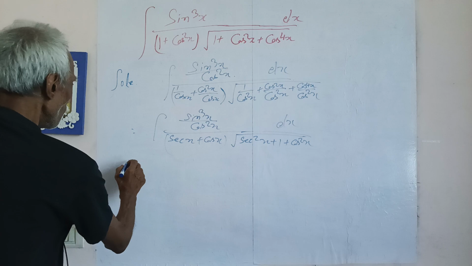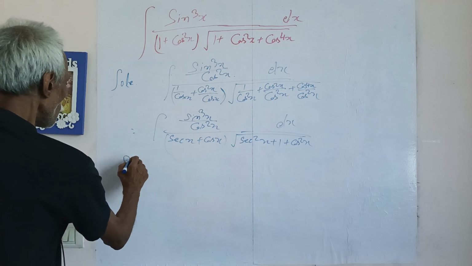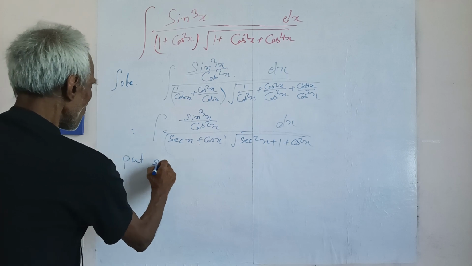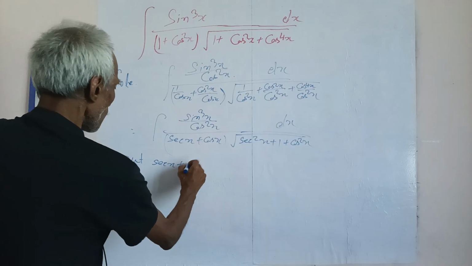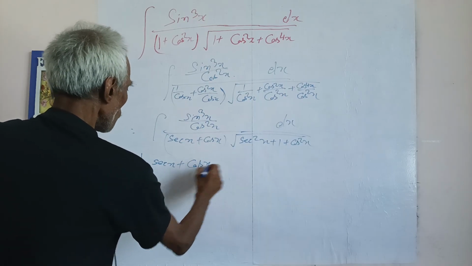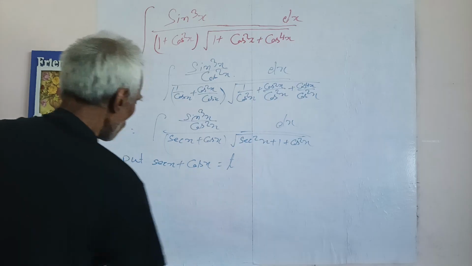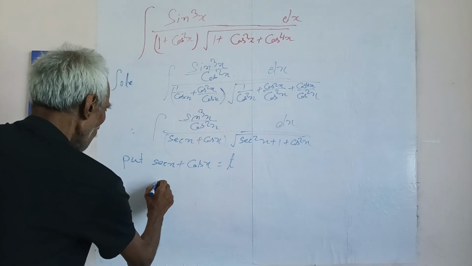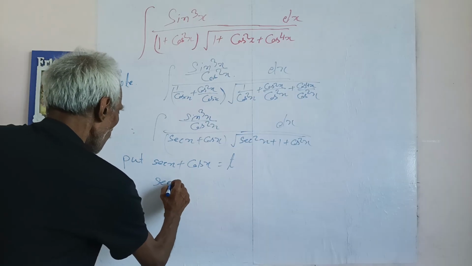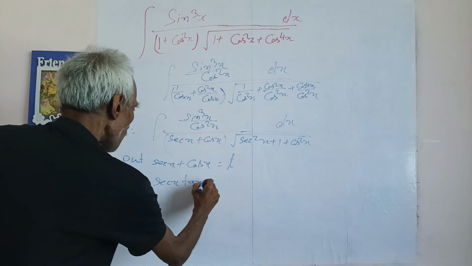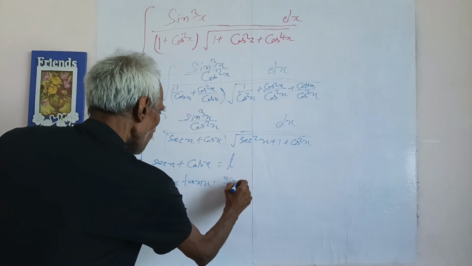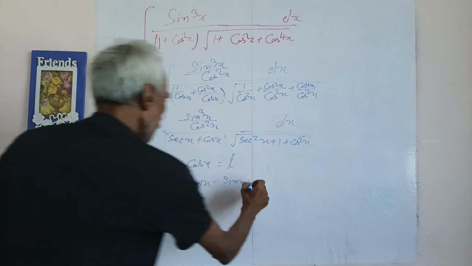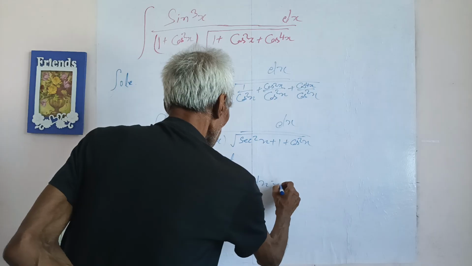Now write, put sec x plus cos x is equal to t. Then sec x into tan x minus sin x dx is equal to dt.